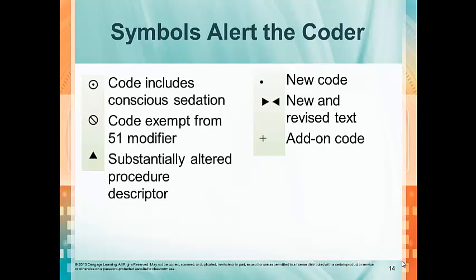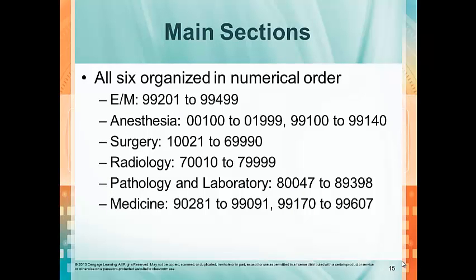Various symbols are used to alert the coder to unique features of the book. Some symbols that may be encountered in the CPT book are noted here. The 6 main sections in CPT are organized numerically by code number, except in the evaluation and management and medicine sections.